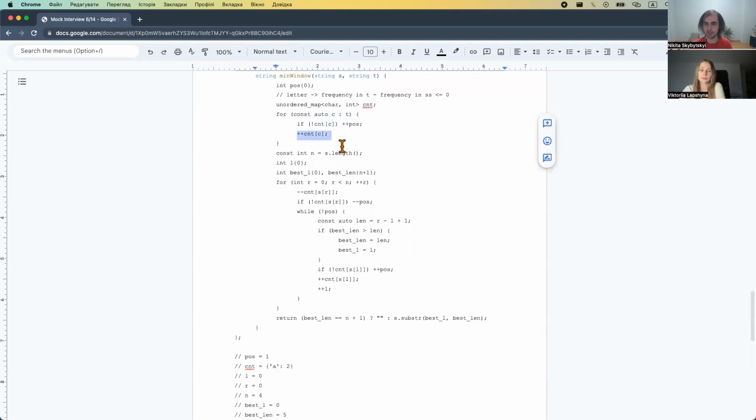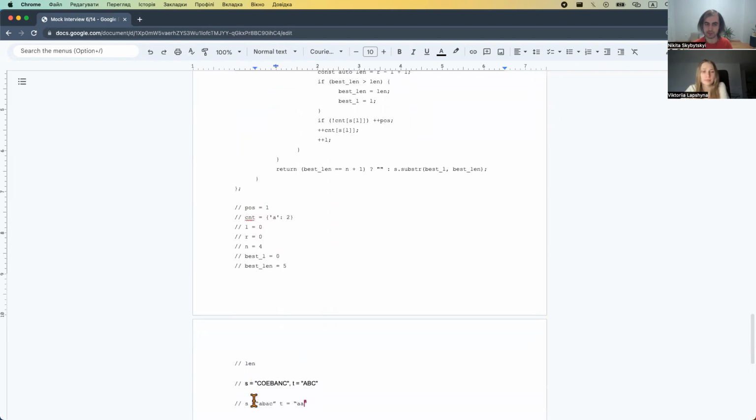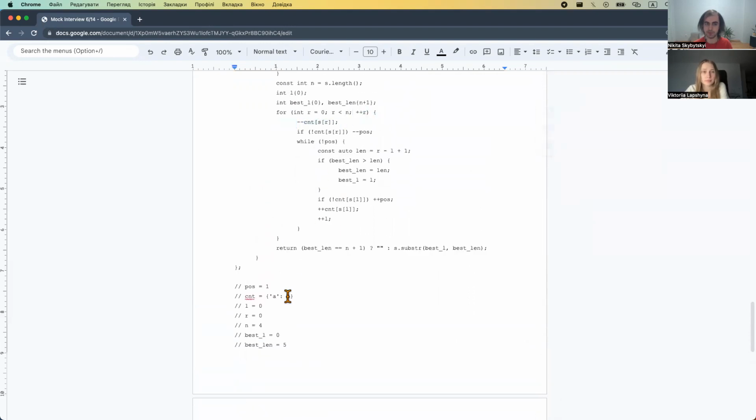Then we increment this frequency. These assignments happen. Right starts at 0. We look at S0. Decrement its frequency. It is now at 1. Is it 0? No. We still need this character, so we don't touch pos. While pos, don't go into it.